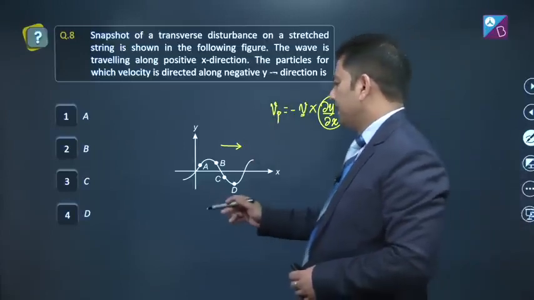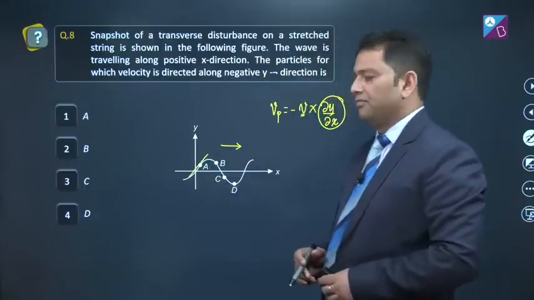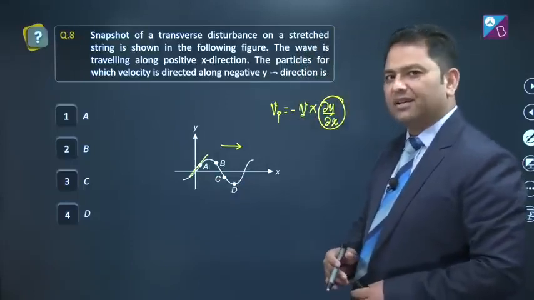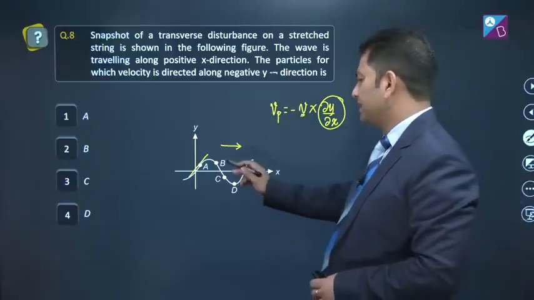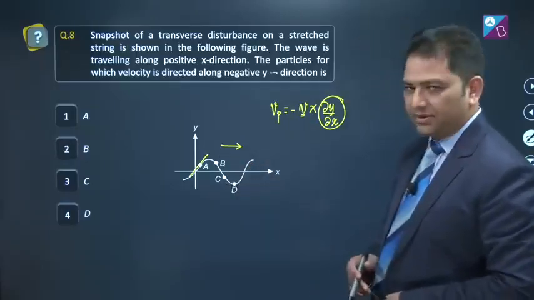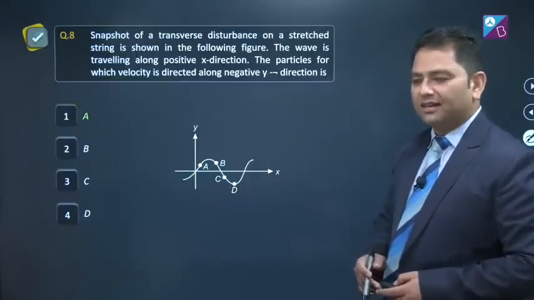Okay, we found the first option because A will have a positive slope. So slope positive, ultimately velocity will be negative. Let us verify the rest also: B has negative slope, C negative, D has slope 0. So of course our answer is option number 1.